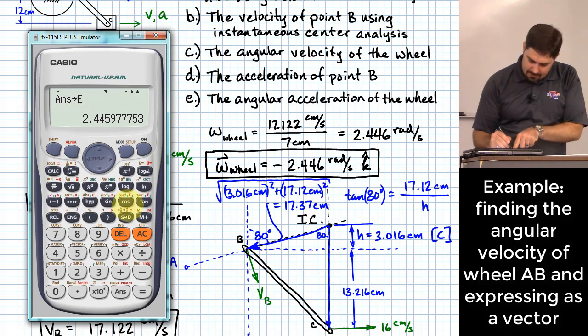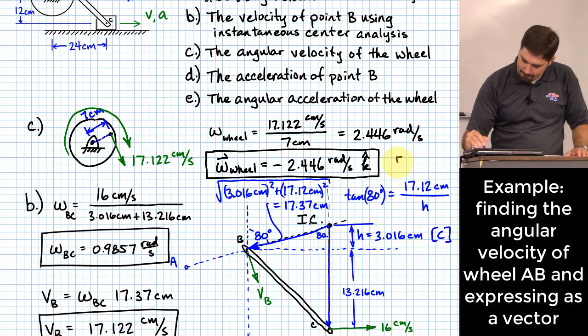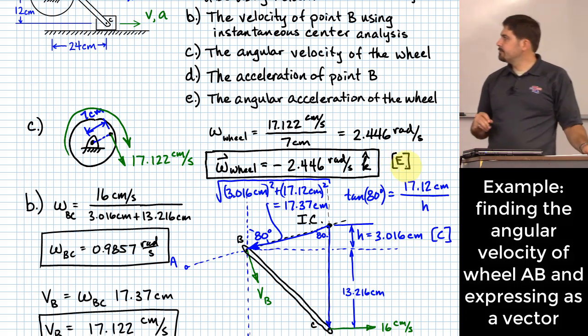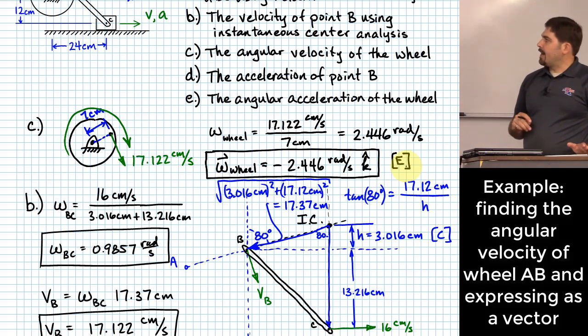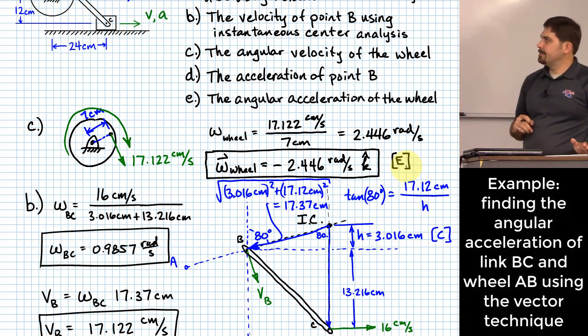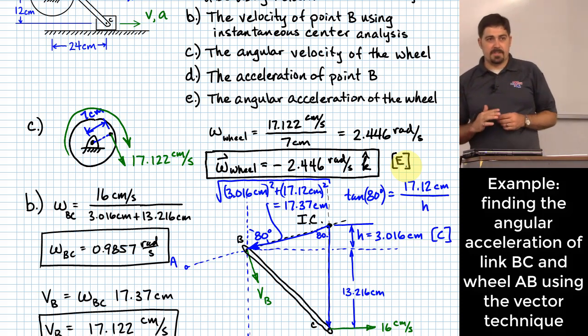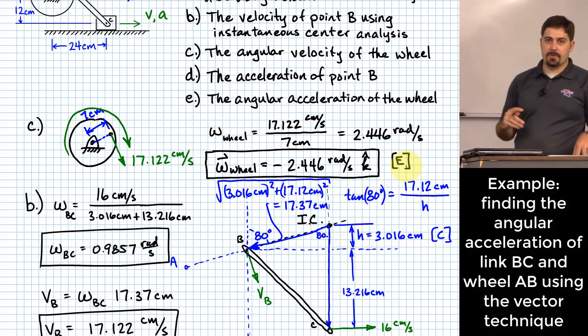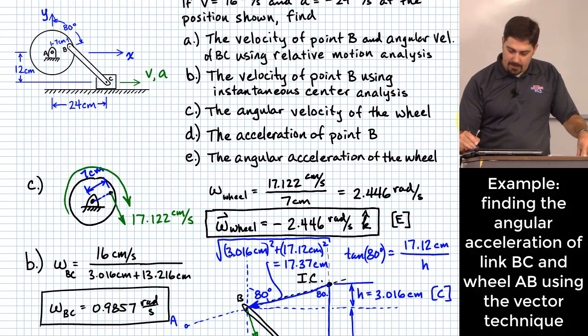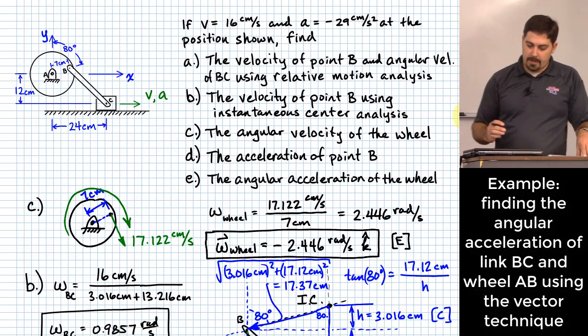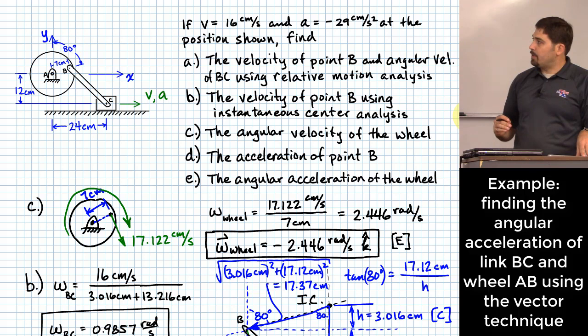We'll call that E. All right. So those are all my velocities. That's kind of the easy part. All right. So we've come up with what the velocity of B has to be and how that translates into the angular velocity of wheel AB.